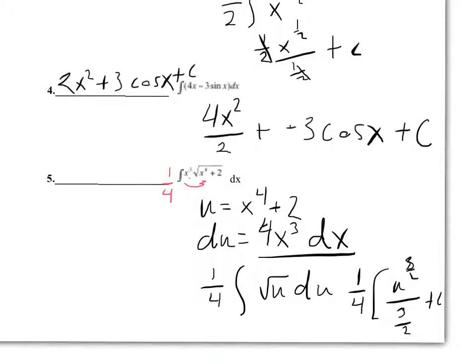Flip that fraction over, becomes a 2/3. Cancel that, and so then this 2 cancels that. So you should end up with a 1/6. And then instead of u, we will put in x to the 4th plus 2, all to the 3 halves power plus c.